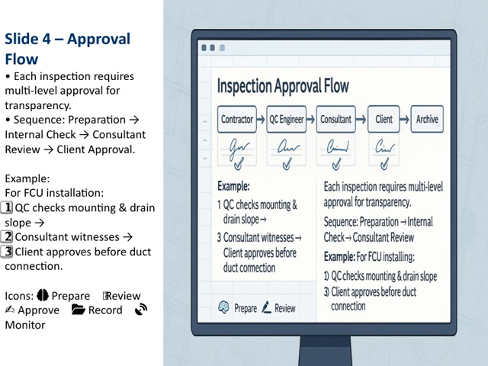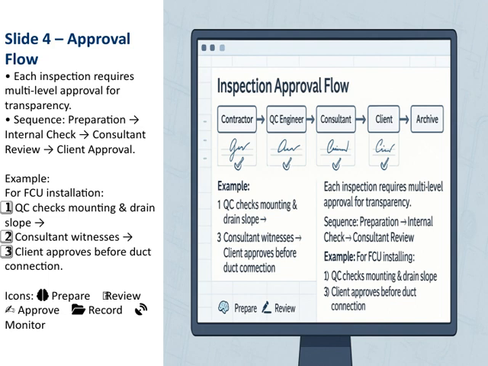Let me illustrate this with an example, specifically for an FCU installation. First, our quality control team checks the mounting and drain slope to make sure everything is properly aligned and functioning. Then, the consultant witnesses this check to verify compliance with design specifications. Once they approve, the client must also give their approval before we connect the ductwork and move forward.